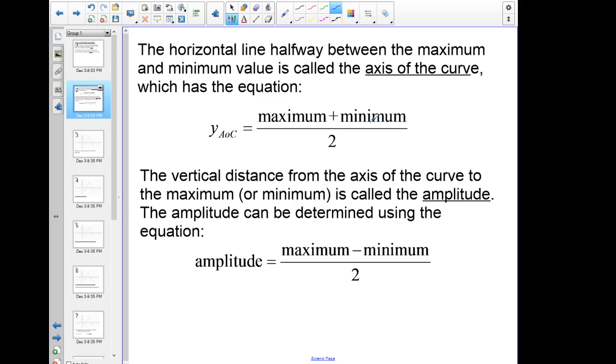What makes this confusing is that there's another formula for finding something called the amplitude, and the amplitude is basically the total distance from the top to the bottom. And so the way we find that is we take the maximum value minus the minimum value divided by 2.